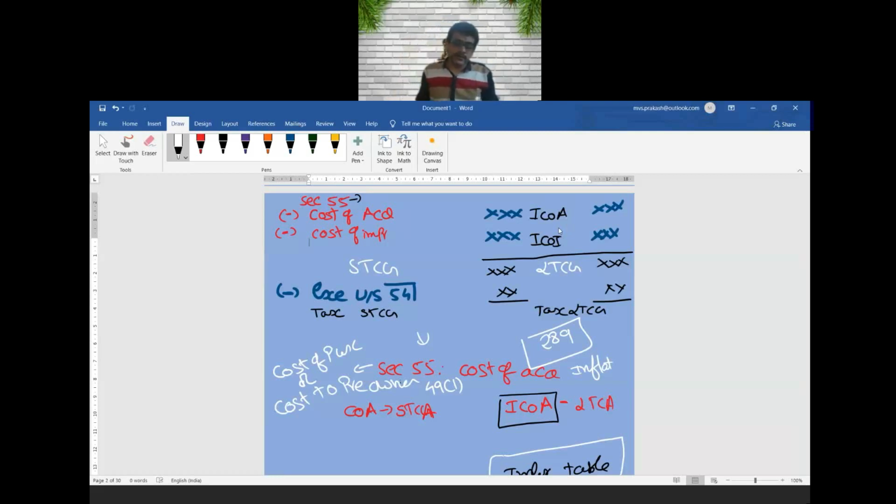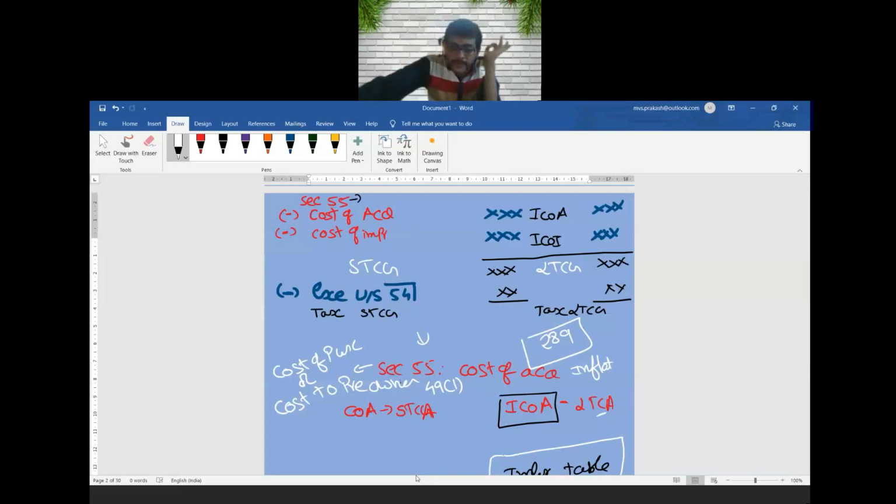Okay, so we know when to calculate indexation. Indexation then calculate chestam only for long term but not for short term. See, always I had mentioned one thing: capital gains antene exception. The general fundamental rule enti, for long term capital asset indexation has to be provided.